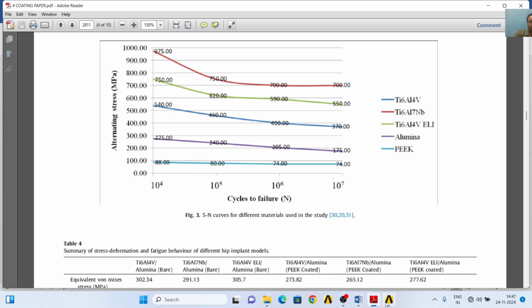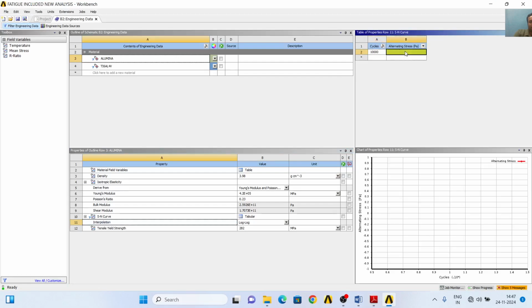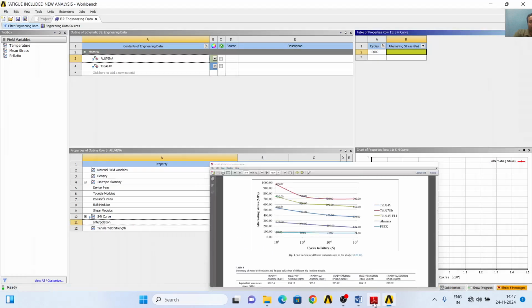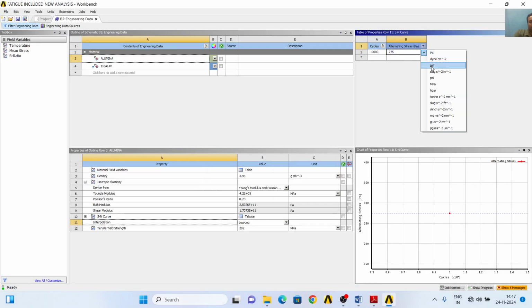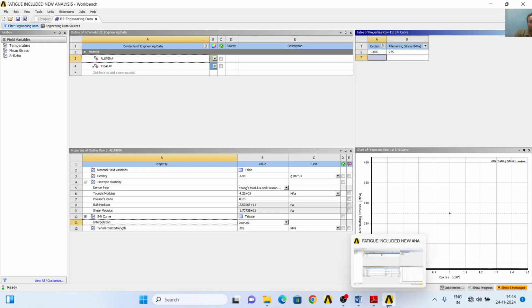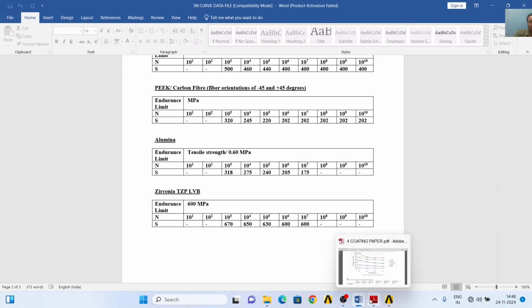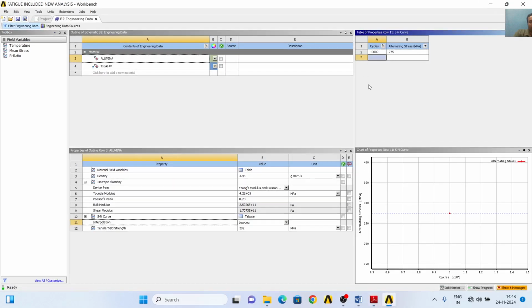For 10 to the power 4, which means 10,000 cycles, it will have 275 megapascal, and 275 megapascal of alternating stress for 10 to the power 5, 6 and 7.